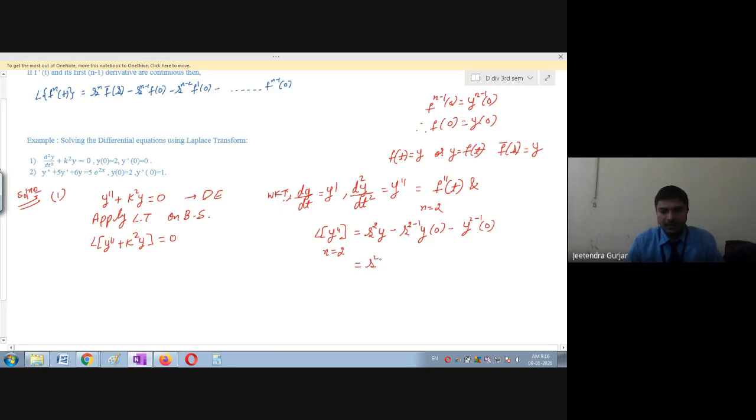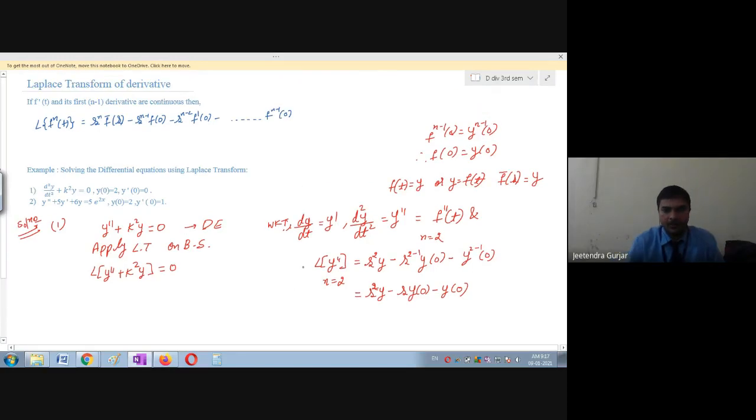It is s square y minus s raised to 2 minus 1, which is 1. So I will write s times y of 0 minus, here also you can see y raised to 2 minus 1 is 1, the derivative y dash of 0. So by using this formula, this property, the Laplace transform of derivative property, L of y double dash is equal to s square y minus s y of 0 minus y dash of 0.